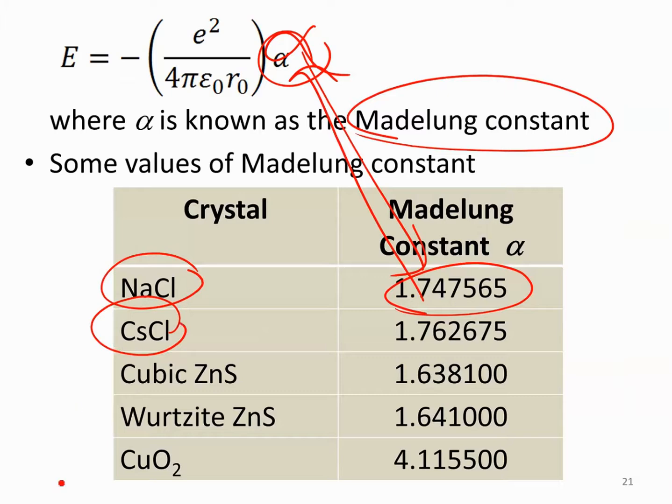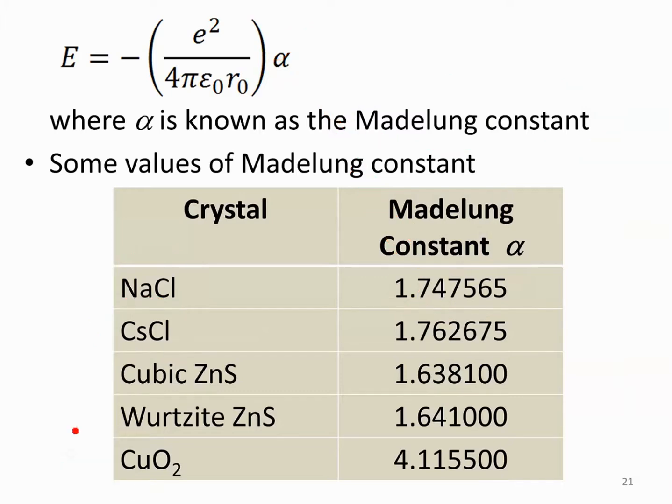For cesium chloride, the Madelung constant is 1.7626. For cubic zinc sulfide, the Madelung constant is 1.638. However, for the wurtzite zinc sulfide, the Madelung constant is 1.641.